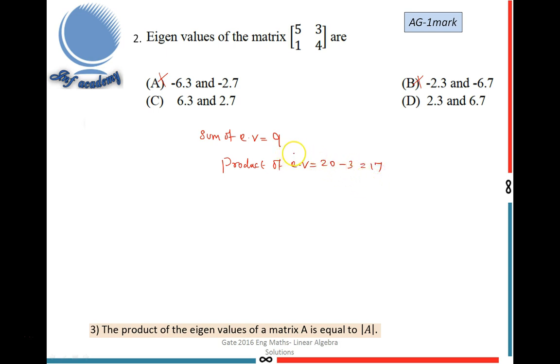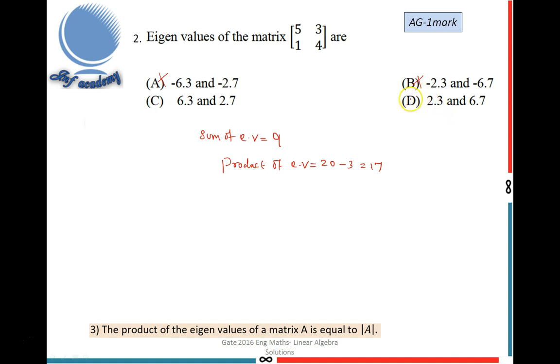Now I check option C, multiplying these two numbers 6.3 and 2.7. I got 17. But for option D, multiplying 2.3 into 6.7, I got 15.41.